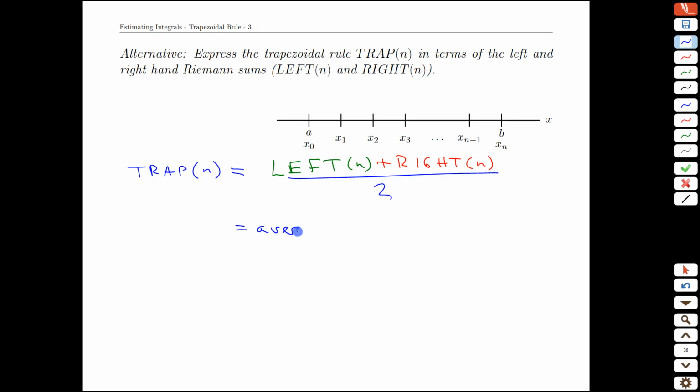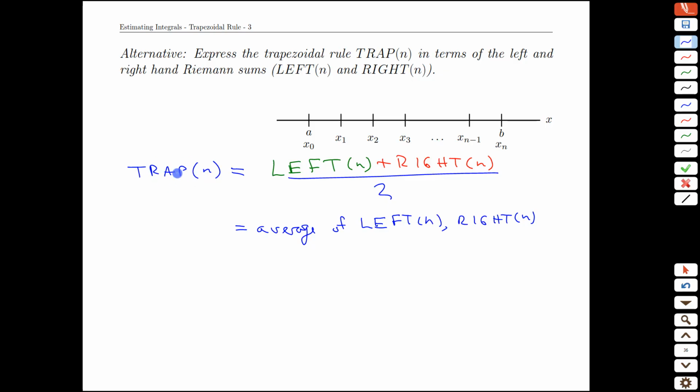The average of the left and right estimates. And again, with that Goldilocks kind of feeling, we would expect that knowing the left has some deficiencies, but the right uses the other information, if we average those two numbers, then we're more likely to be close to the exact answer for the area under a graph.